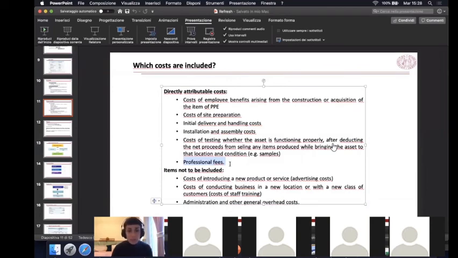Professional fees that relate to these costs that you see above in the slide.